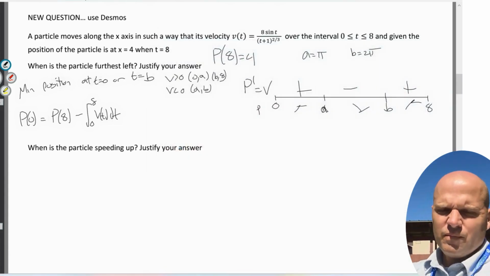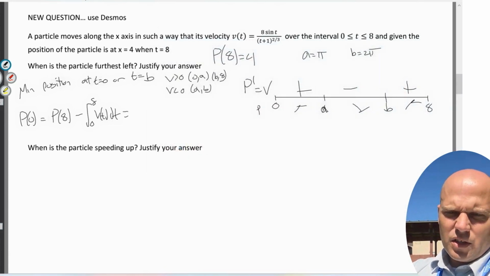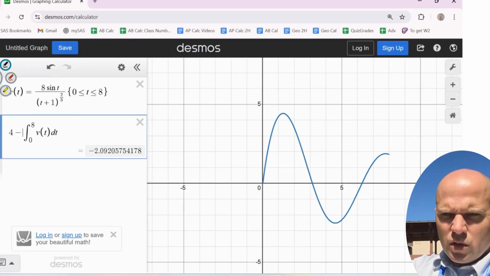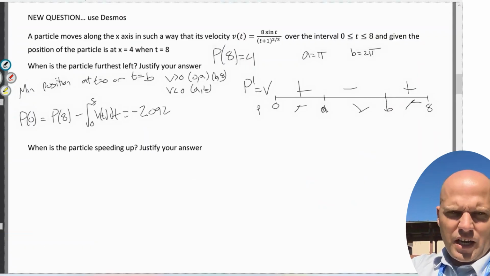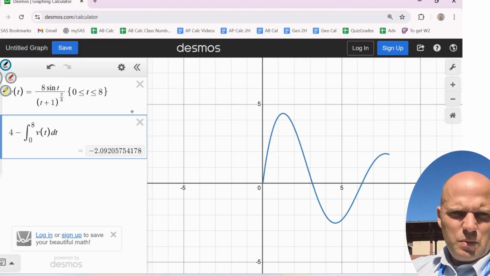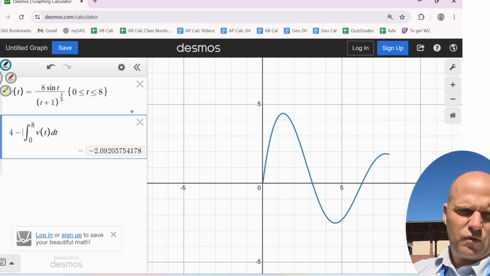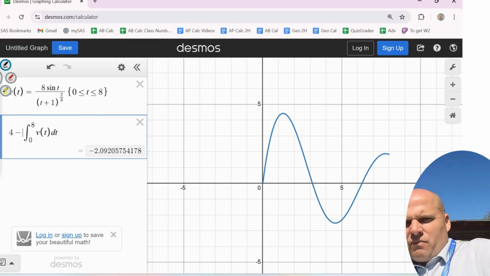Okay, so this is negative 2.092. I think that's going to win because you can kind of see this accumulation is going to be bigger than this accumulation, which means I move to the right a lot, then move to the left a little bit less.